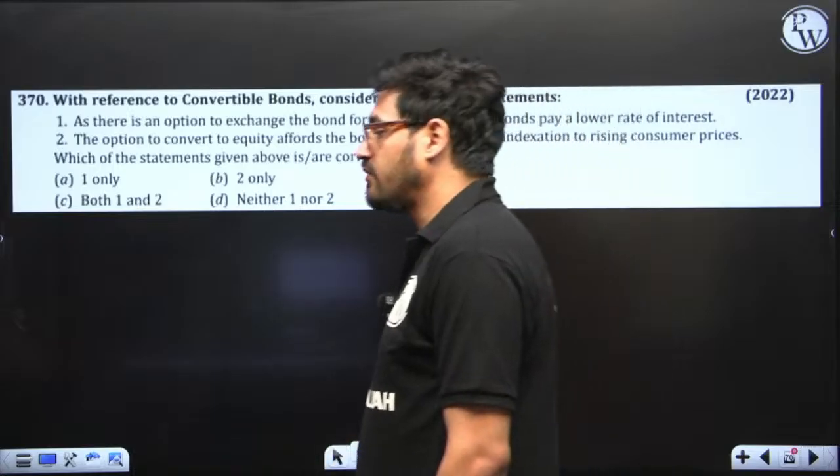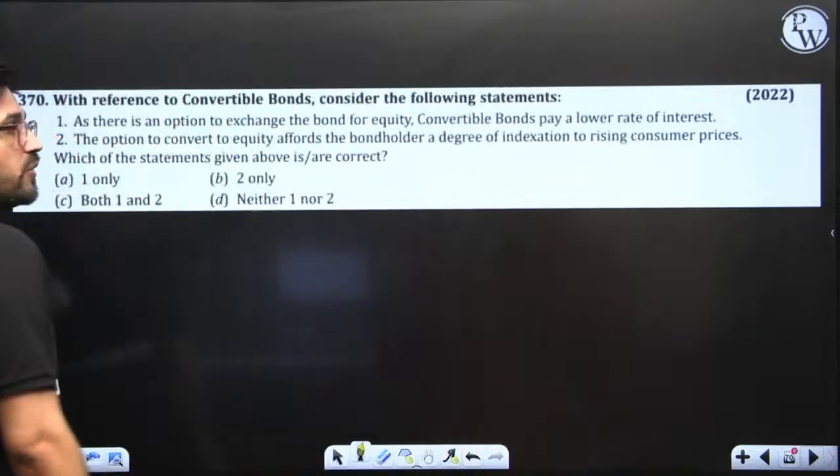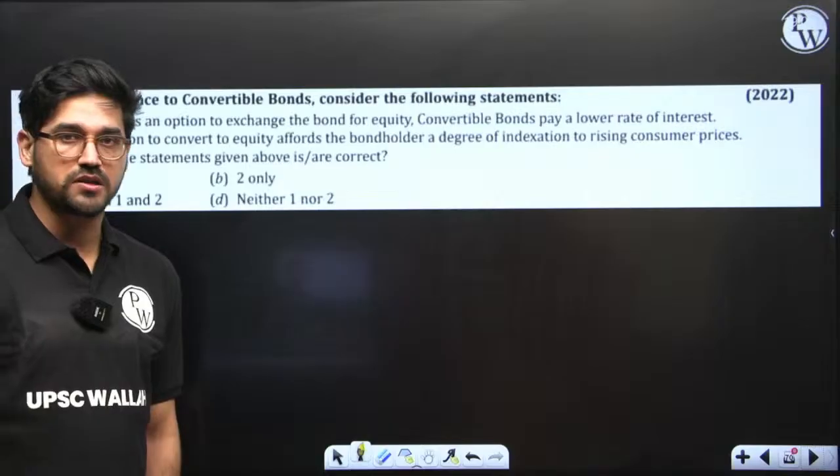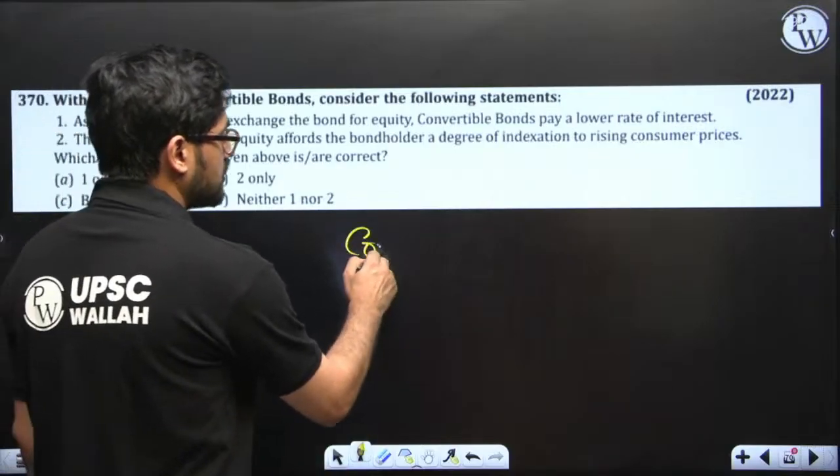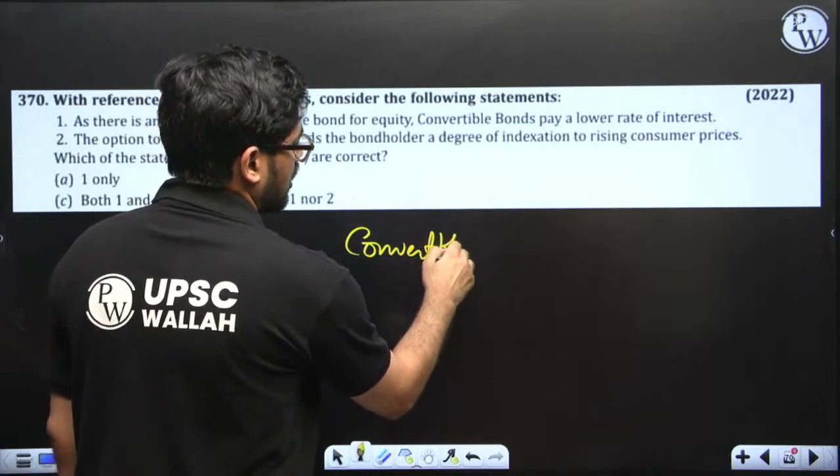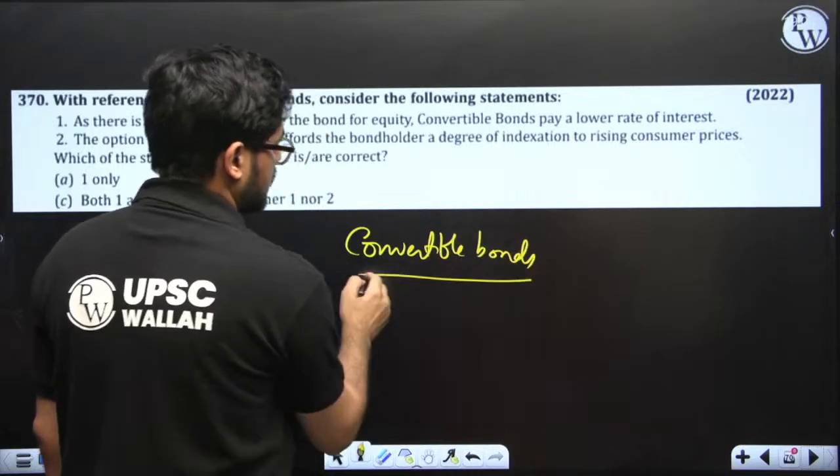With reference to convertible bonds, consider the following statements. Now, what are convertible bonds? Convertible bonds are, of course, debt instruments.